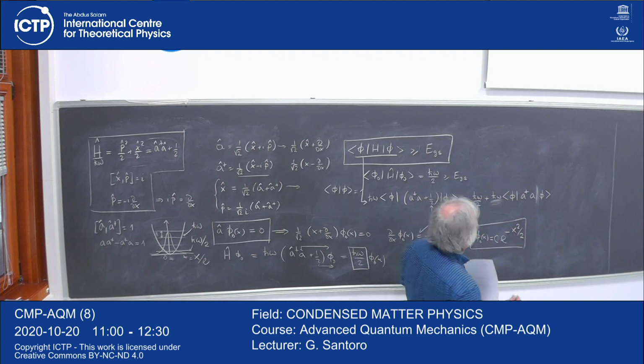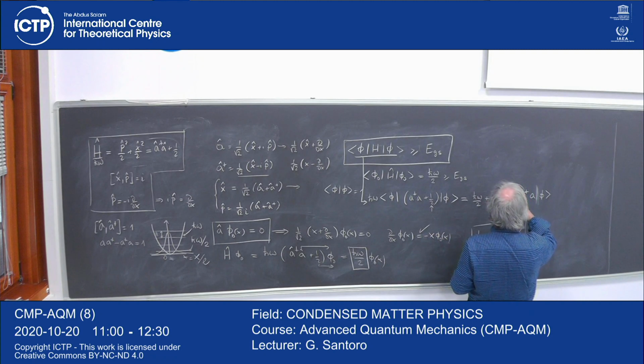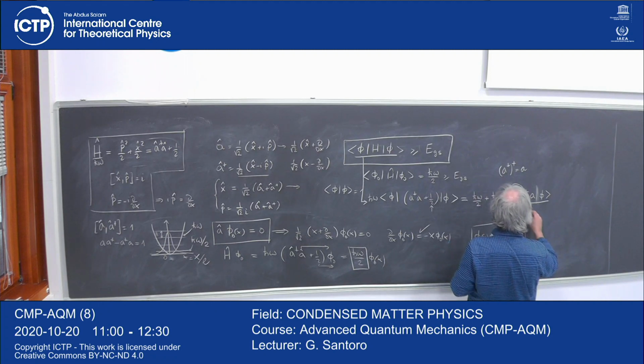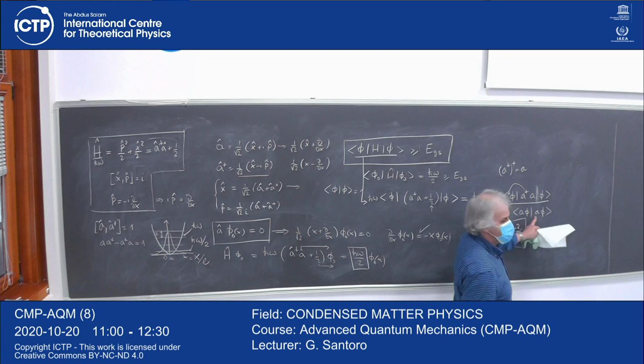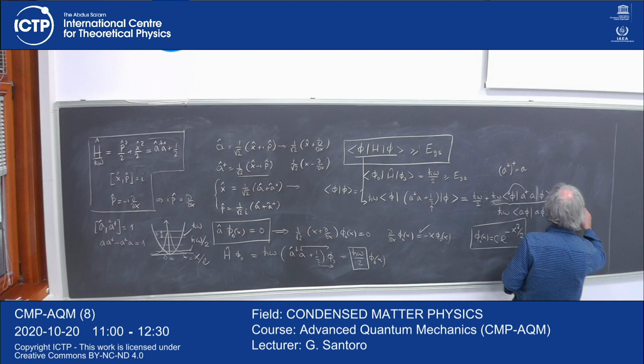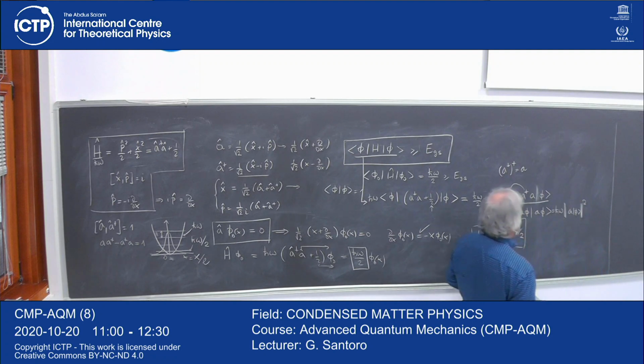Now you know that I can bring this object to the left-hand side by transforming it into its Hermitian conjugate. And the Hermitian conjugate of the Hermitian conjugate is the operator itself. So this quantity here is equal to h bar omega times A applied to phi, scalar product with A applied to phi. But this quantity here is what? It is the norm, the length of the vector A phi. I can write this as h bar omega times the length of A phi, squared. All right?